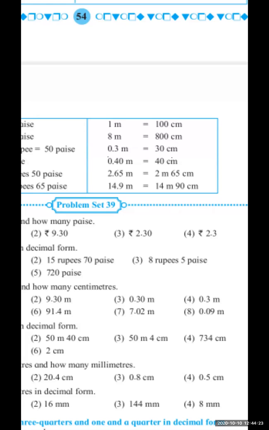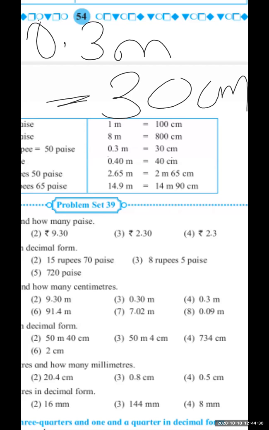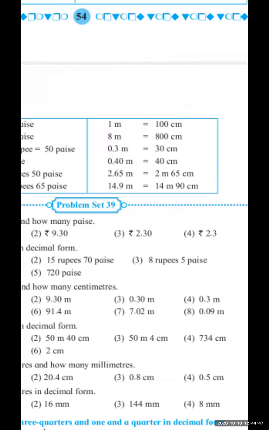Now 0.3 meter. 0.3 meter मतलब क्या आएगा? 30 सेंटीमीटर. कन्वर्जन किया हम लोग ने, 30 सेंटीमीटर. ओके. करेक्ट. Now when you will solve the examples, that time you will understand it very well.